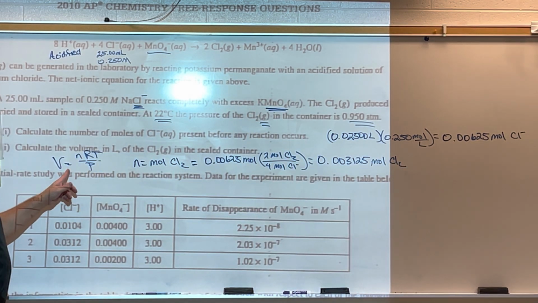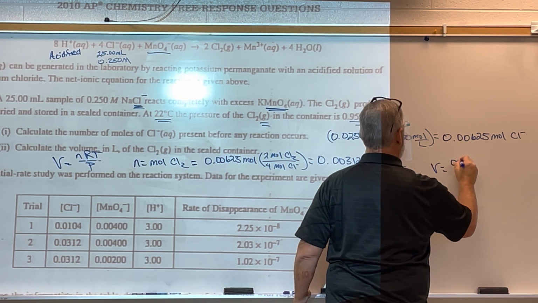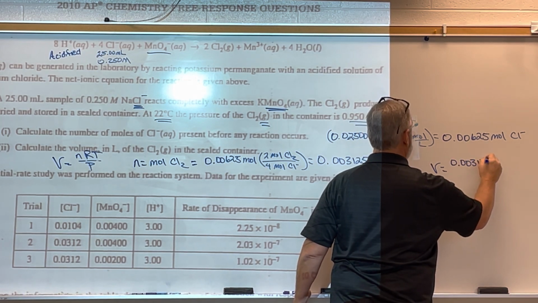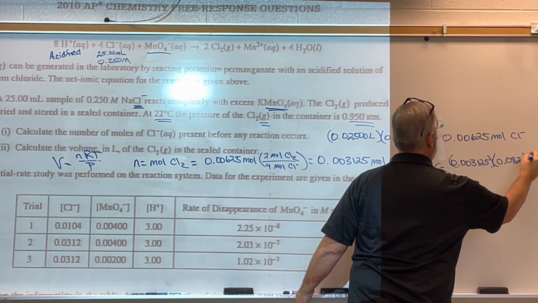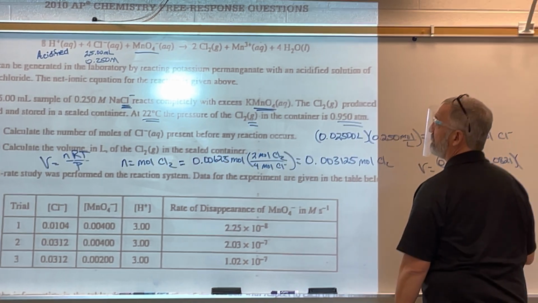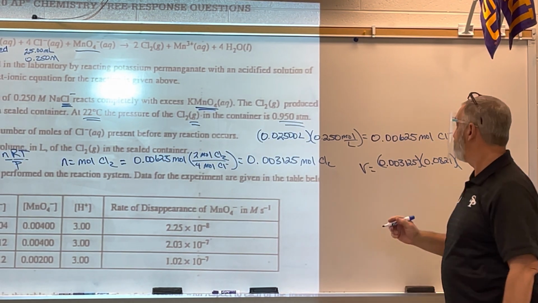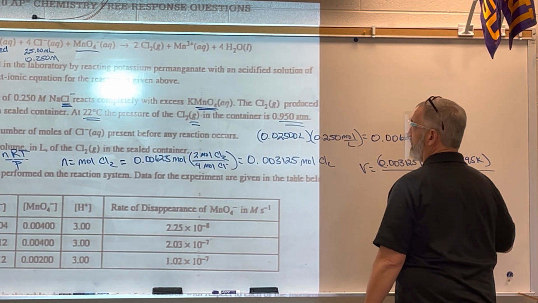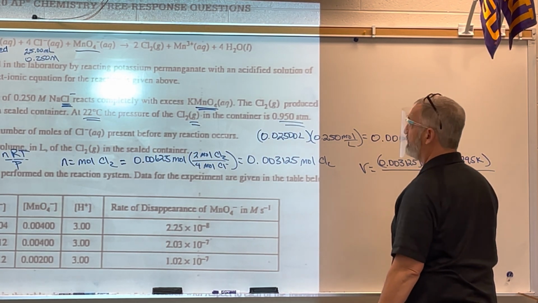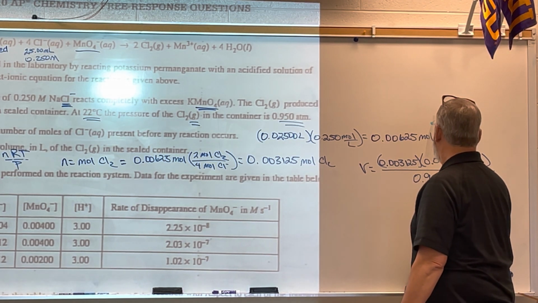Okay, so now I have everything I need to just plug in here. So volume is equal to 0.003125 times 0.0821 times the temperature. Temperature is 22, we have to change that to Kelvin, so it's 295, divided by the pressure, 0.95 atmospheres.